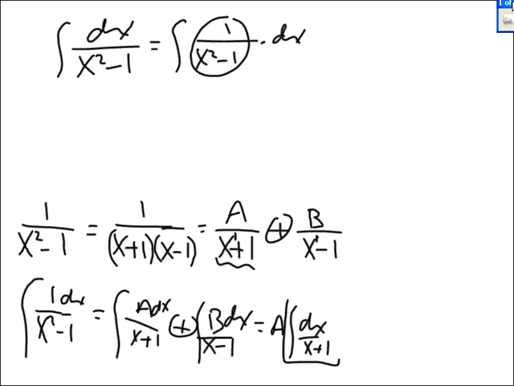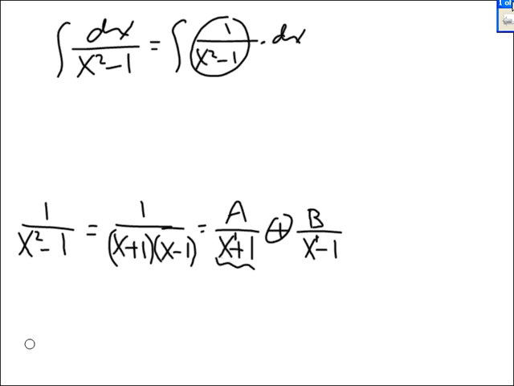This integral is just ln of x plus 1 in absolute values. Plus, then I bring the b out in front. Dx over x minus 1. Again, if I called that u, well then du is on top. Well, that's ln of u, which is x minus 1.